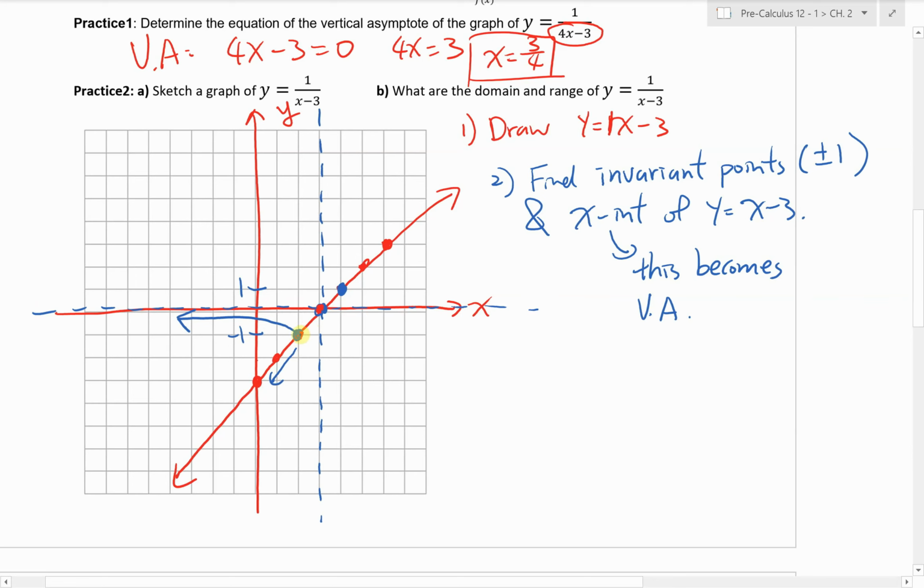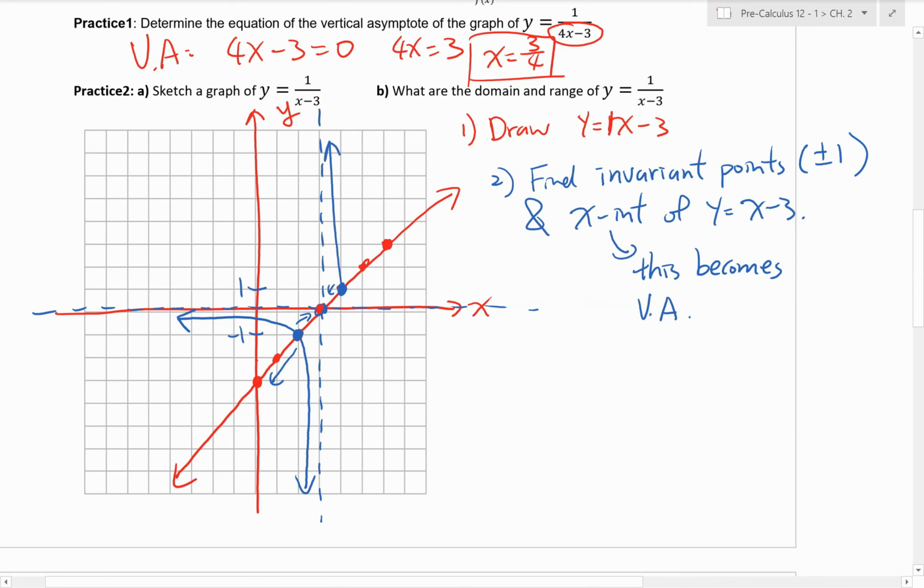To the right, from this invariant point, the red graph is increasing, and therefore the reciprocal graph is going to be decreasing. Once we are done with the left hand side of the vertical asymptote, we move on to the right hand side. From this invariant point to the left, the red graph is decreasing, and therefore the blue graph is going to increase.